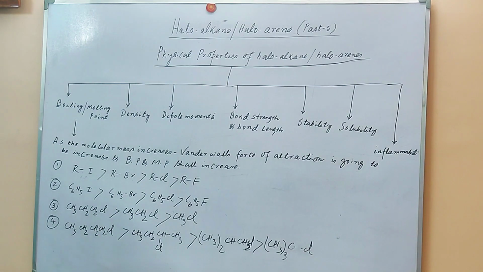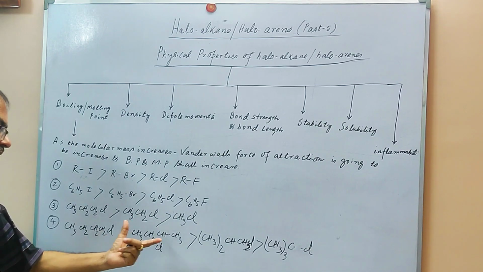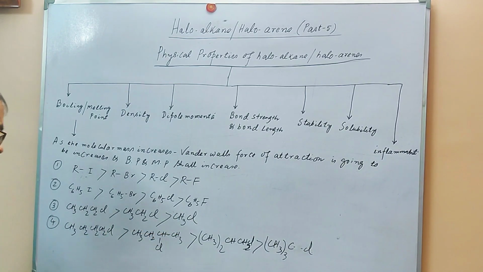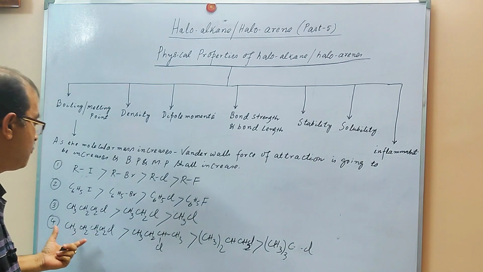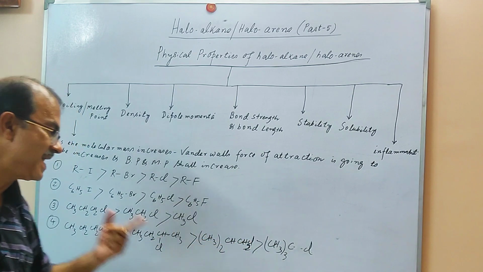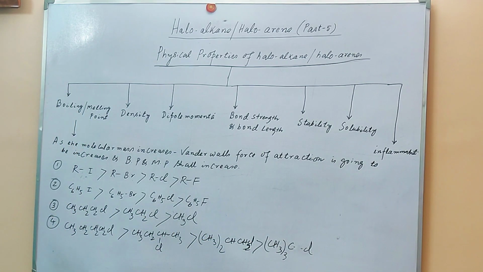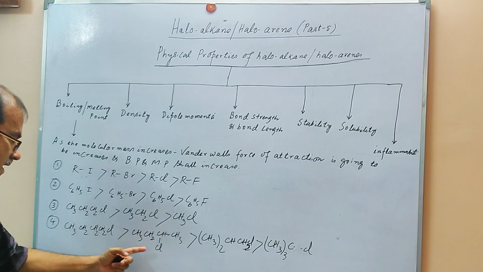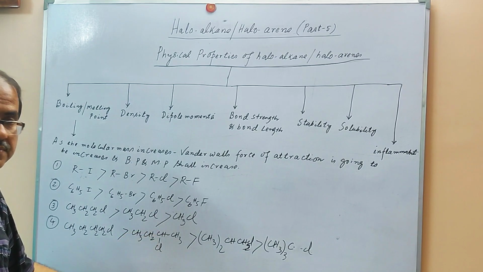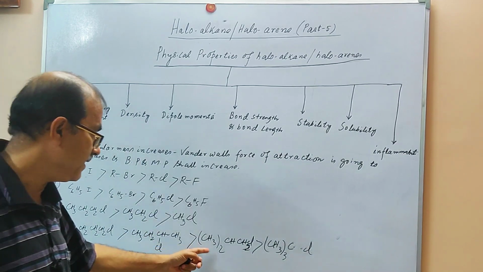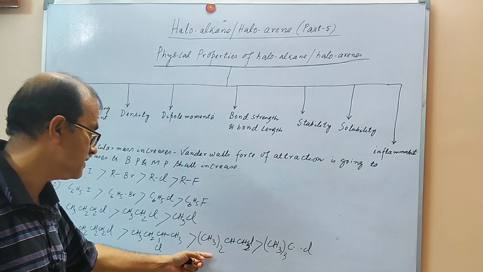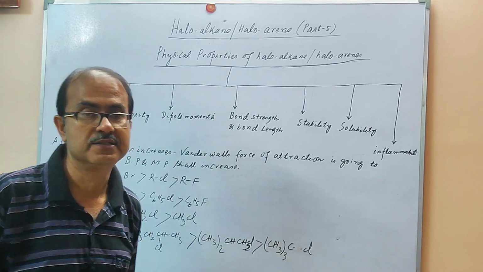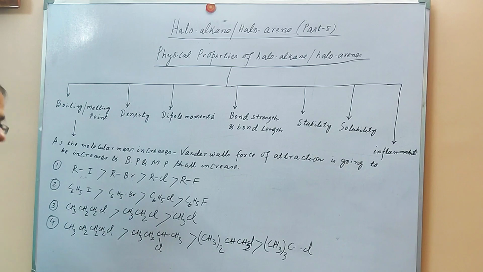As the number of side chains increases, the boiling point goes on decreasing. Here there is a straight chain with the chlorine atom, and here the side chain is increasing, and here also the side chain keeps increasing.